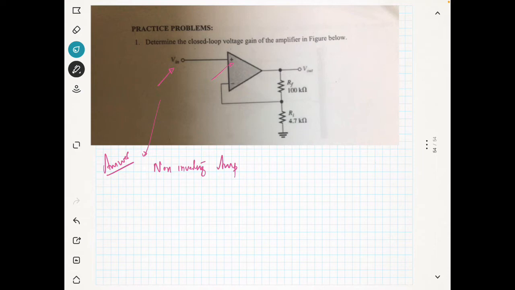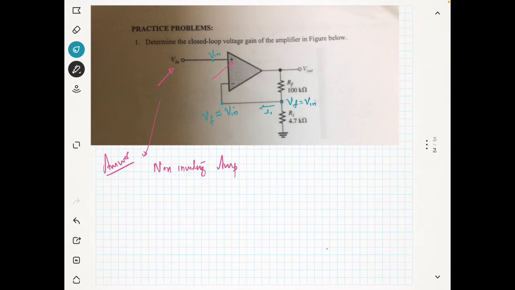So what is the procedure? We will look at the positive terminal, and this voltage is V in. So this is nothing but your Vf, but your Vf will be approximately equal to V in, and the reason for this I have already explained to you. Now we will write the Kirchhoff law at this node.